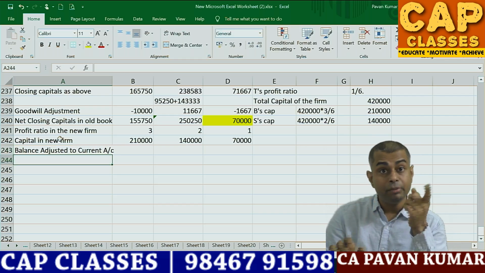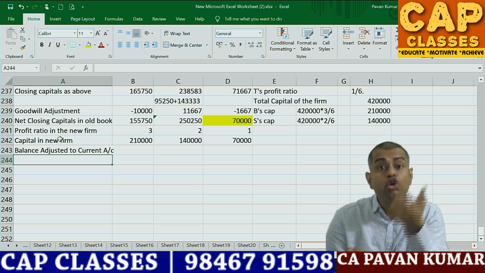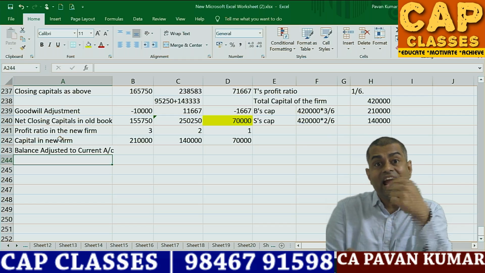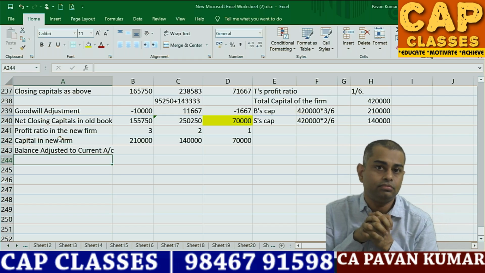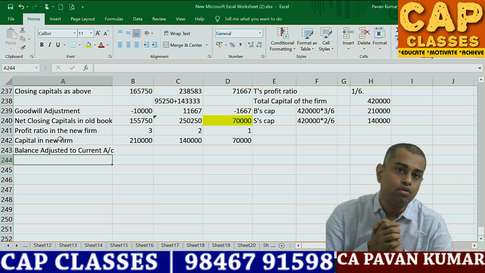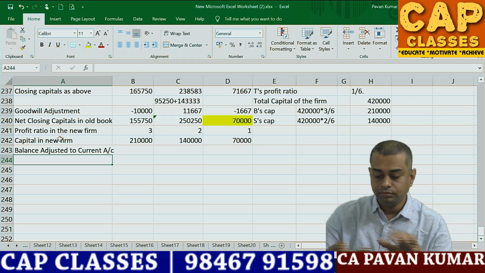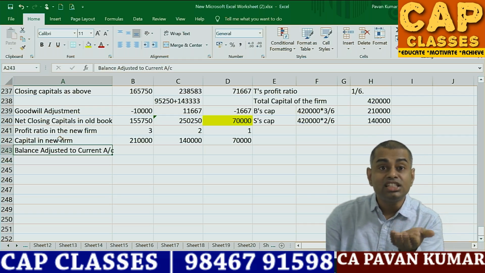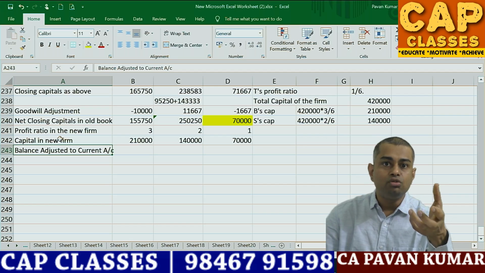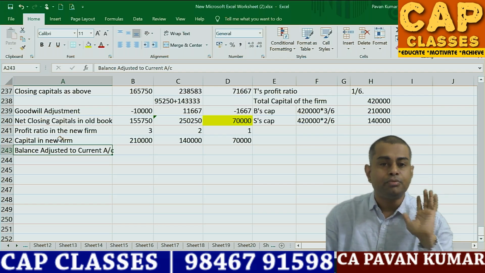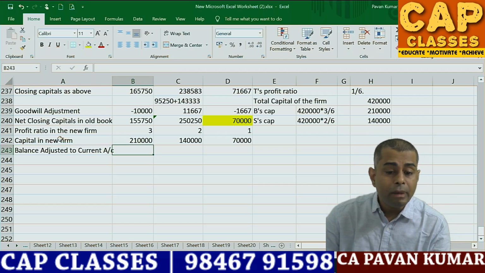Sometimes in the problem they might have told you that the partners need to bring cash or to take excess cash in their capital account. Then we'll give effect to cash. Otherwise, we'll adjust that in current account. You understand? Sometimes it can be adjusted towards partners' capital accounts also, like how we have done Goodwill, no? 2 accounts debit, 1 account credit, like that also it is possible. Okay, so balance adjusted to current account.